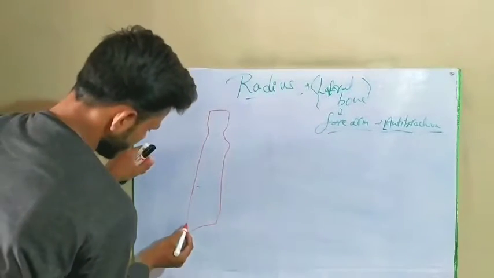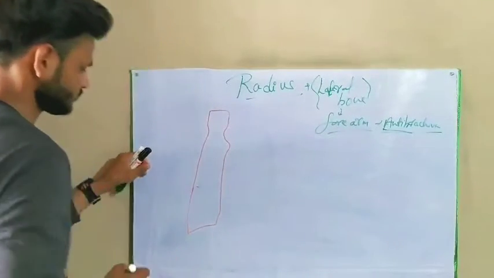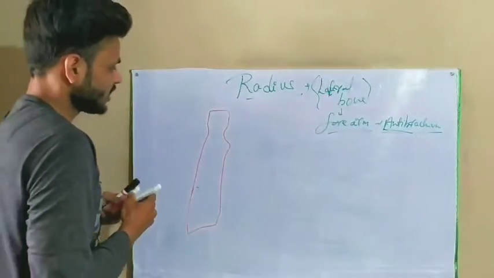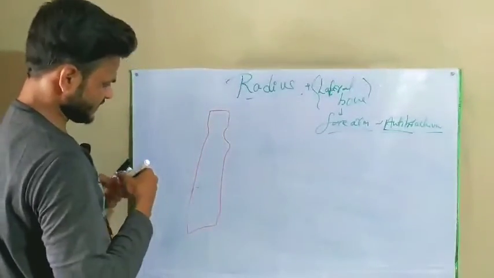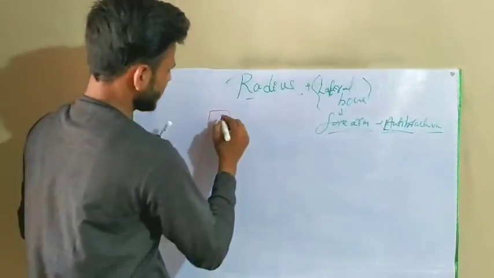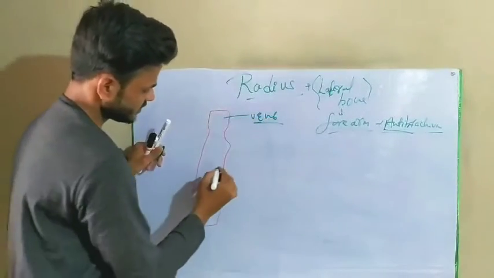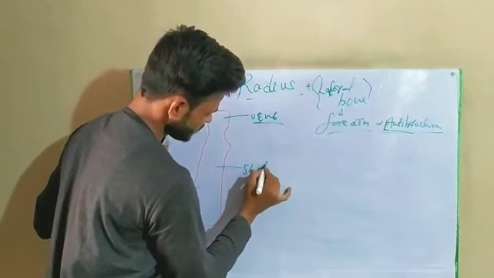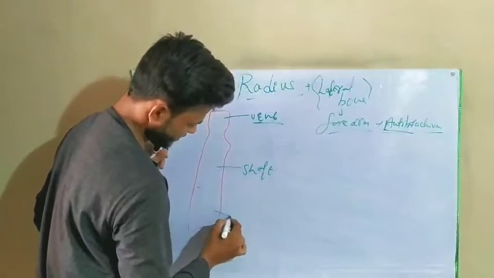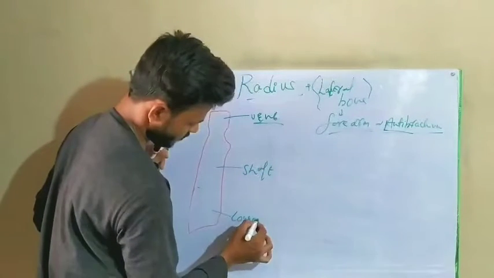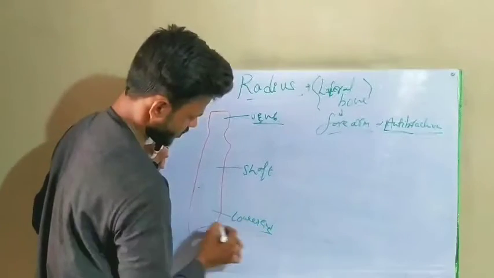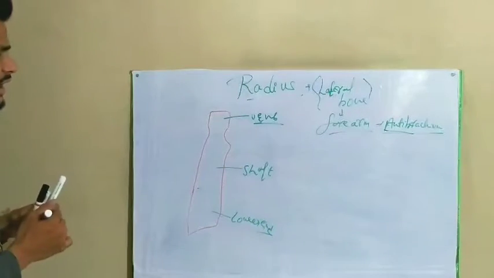This is the radius. The radius has an upper end, a shaft, and a lower end. Firstly, let's talk about the upper end.